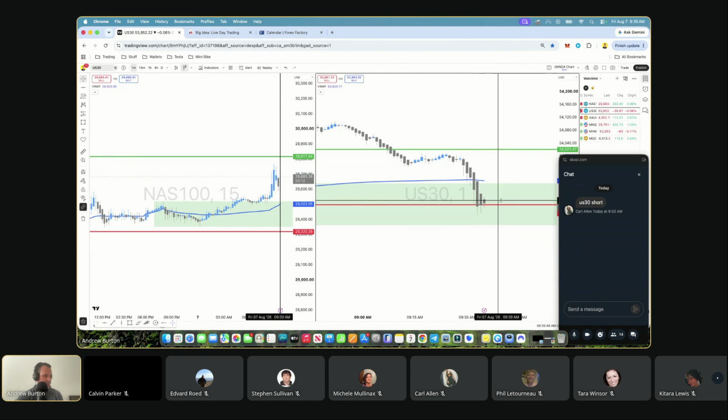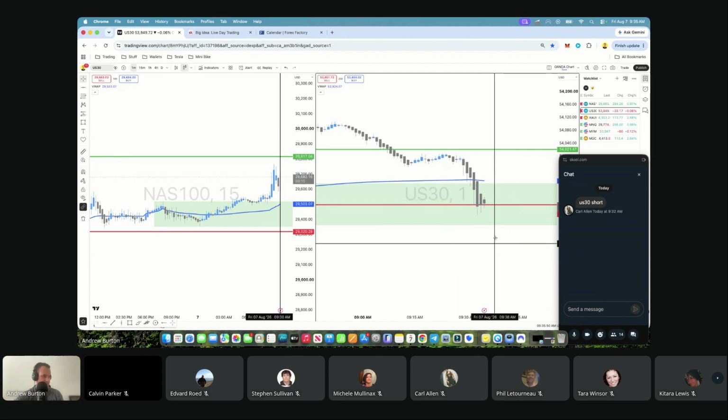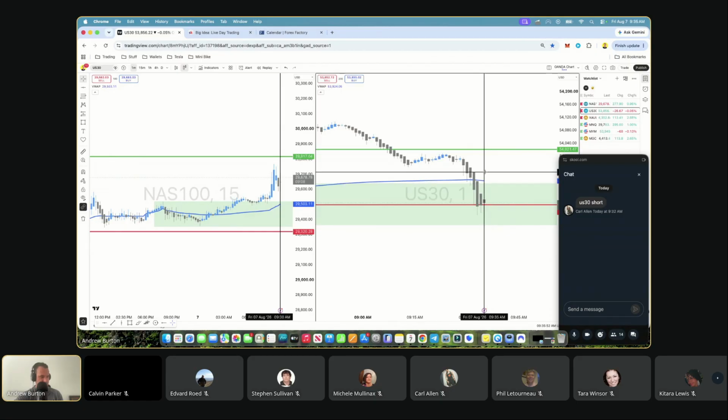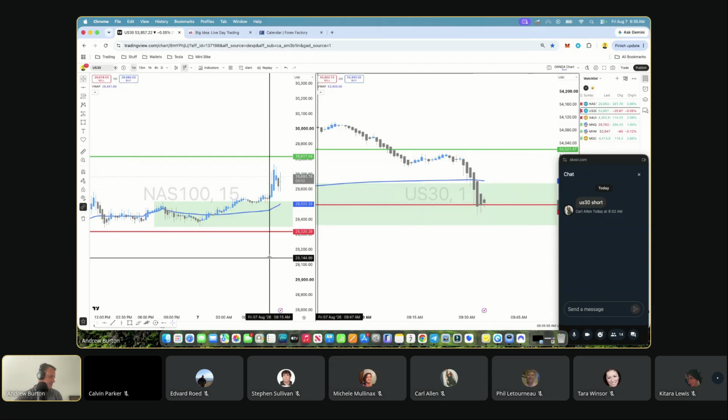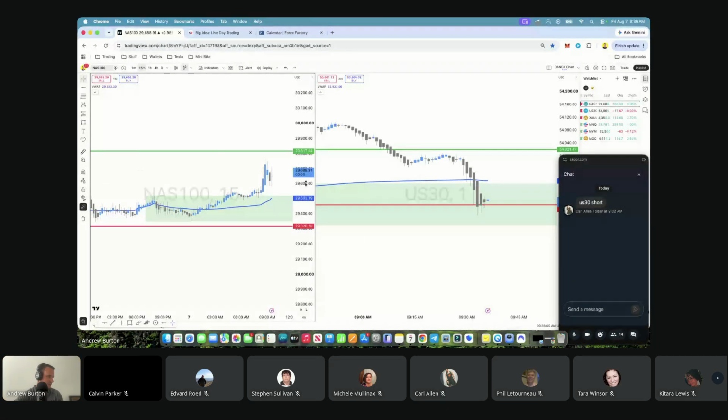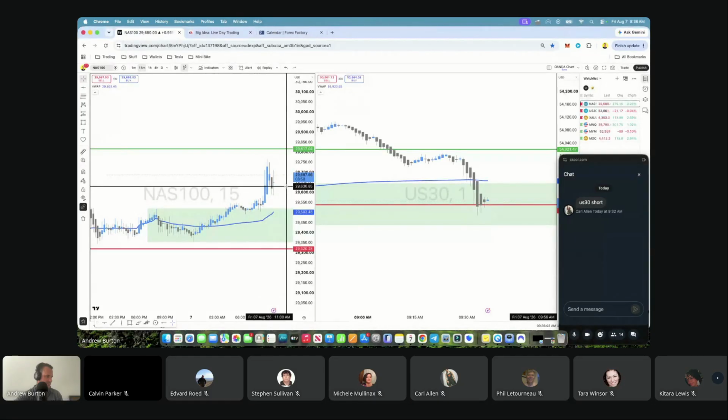Okay, so waiting around, and yeah, same kind of thing as yesterday. Remember, it broke below the VWAP, came down, didn't take out the Tokyo, but then went sideways. So we'll see what happens here.